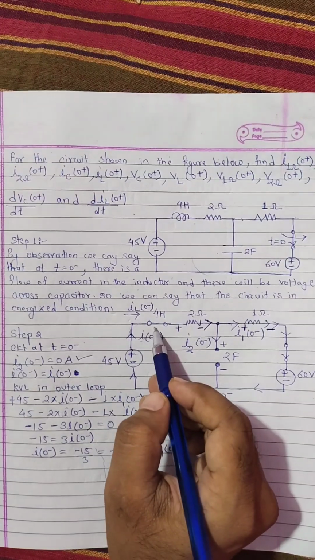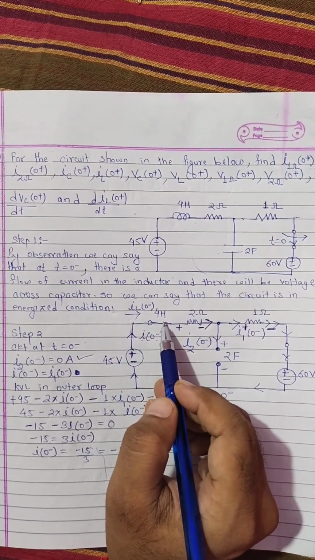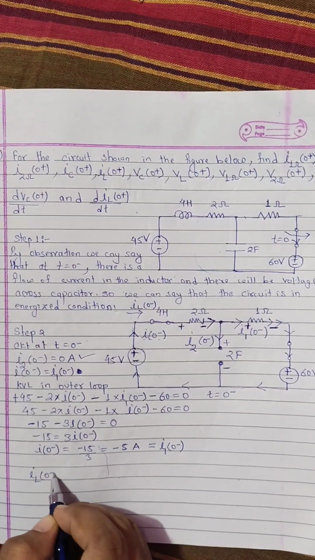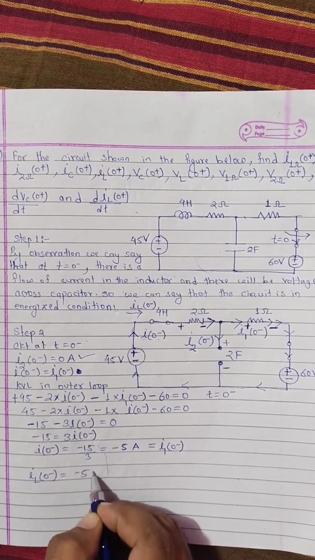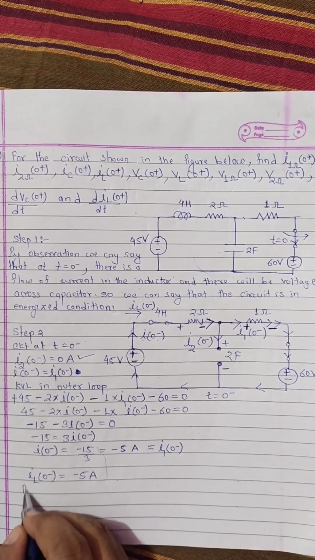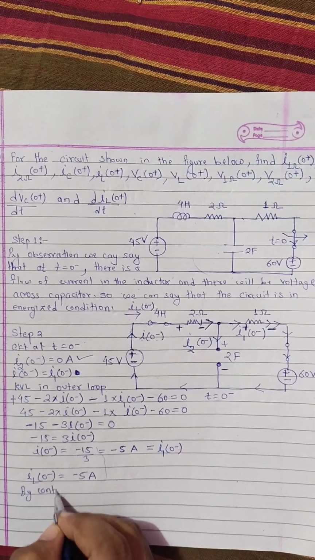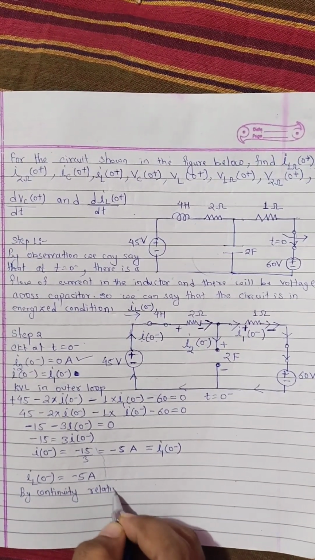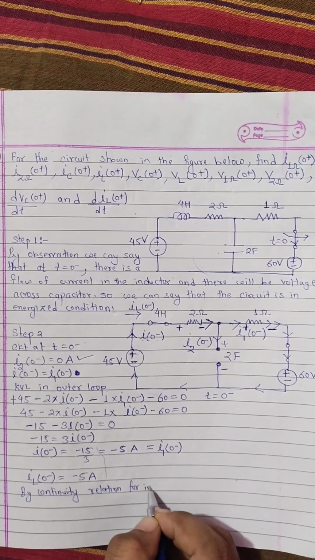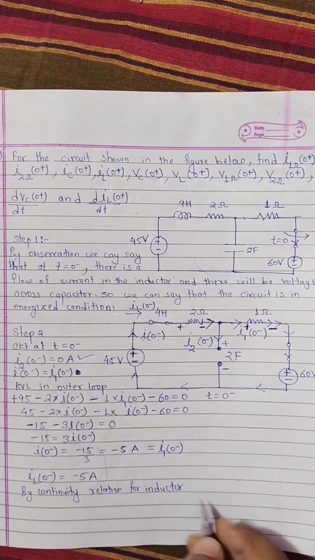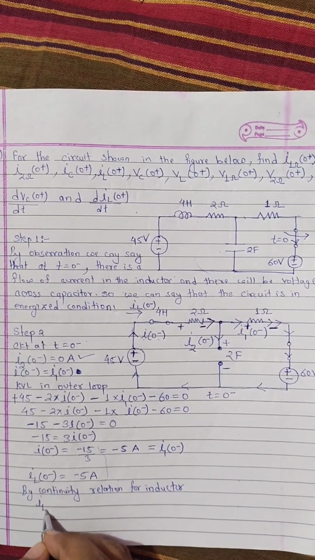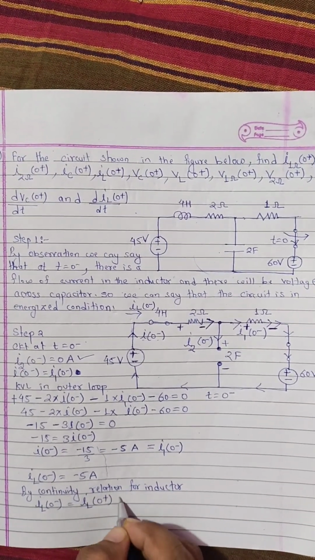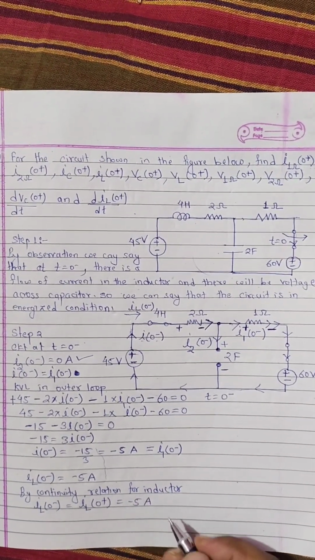So we can say that IL0 minus is equal to minus 5 ampere, and by the continuity relation for inductor, we can say that IL0 minus equals IL0 plus equals minus 5 ampere.